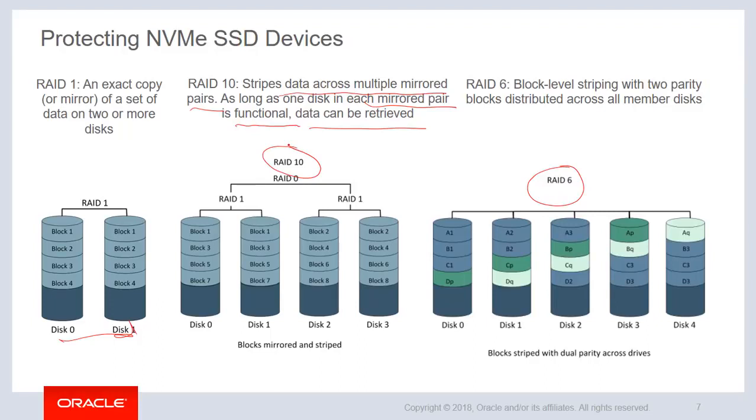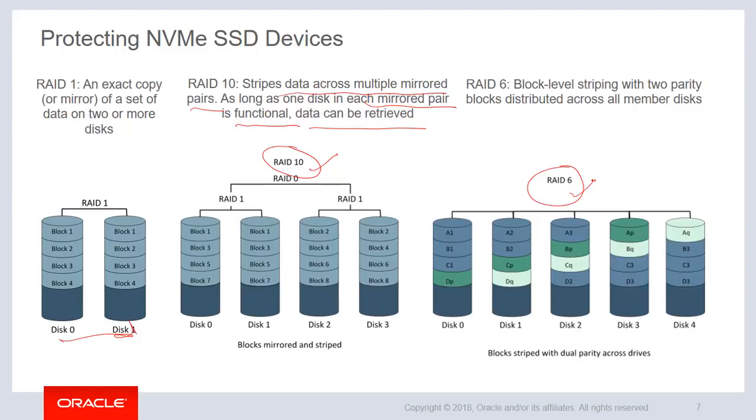So if you are really concerned about the performance, go with RAID 10. This has a good trade-off of performance and durability. RAID 6 gives you higher durability, but in cases where you are writing a lot, your performance might suffer. So there are various options available, and you can again go read up documentation.